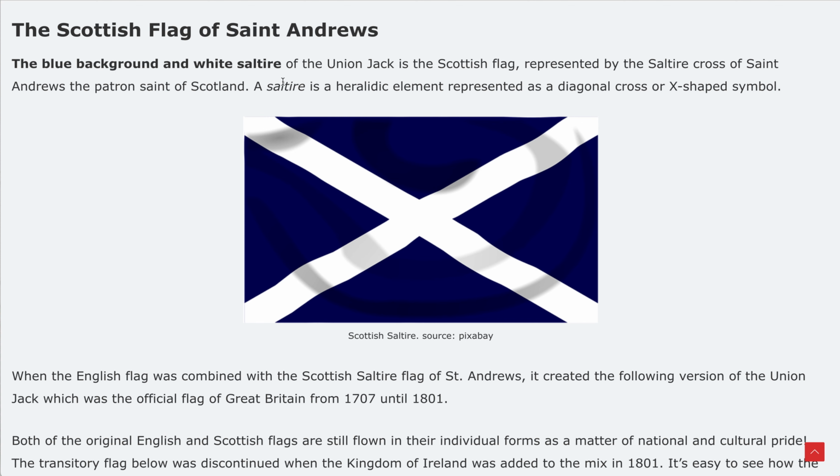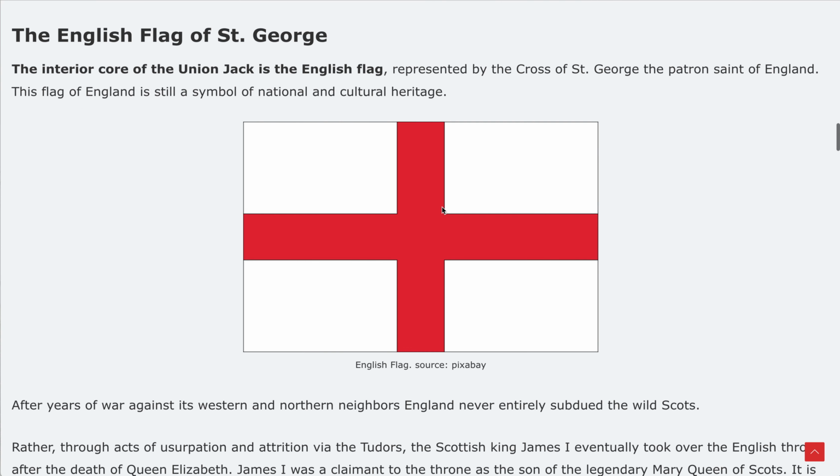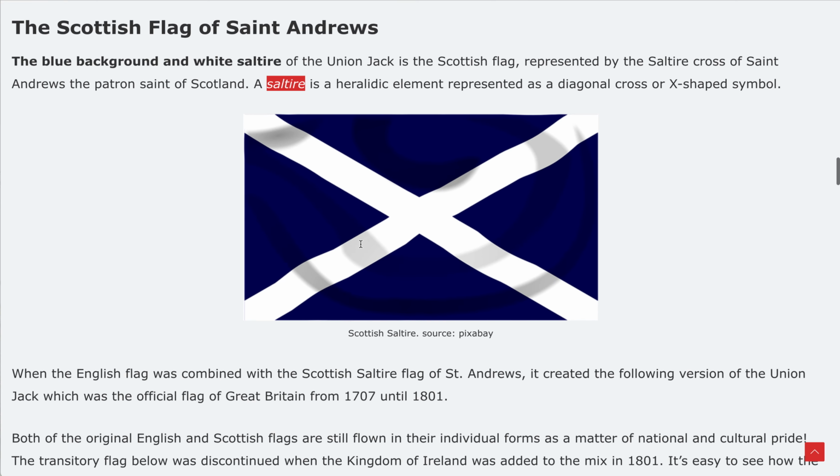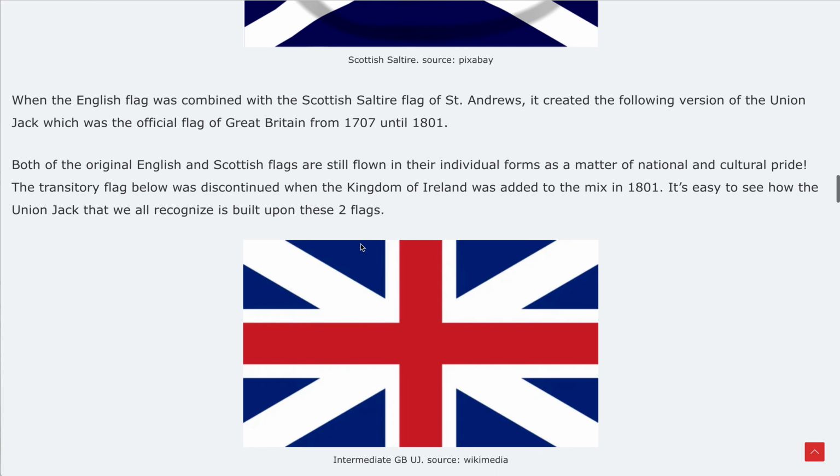And again, a saltire, okay, is a heraldic element actually, so found in heraldry, represented by a diagonal cross, as you see here, right, or an X-shaped symbol. So this is called a saltire cross, okay, and it's overlaid onto this, right, and we get the next version of it, okay, which looks like this.